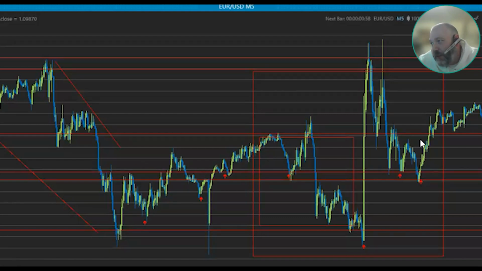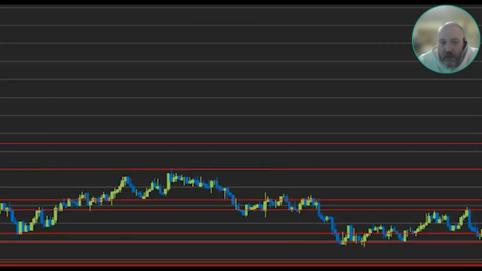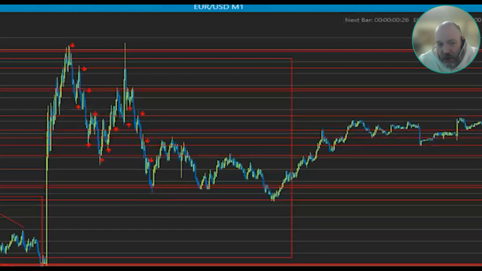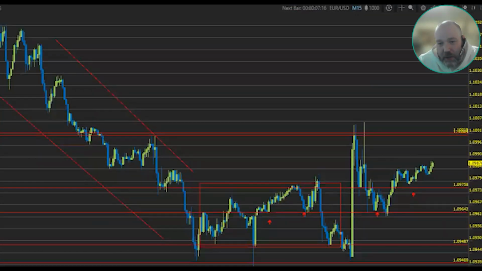But why I'm still thinking that my bias is to the short side is because we've got, okay, gosh, they are in order. I thought I had a bigger section on a higher time frame or slide that showed that.